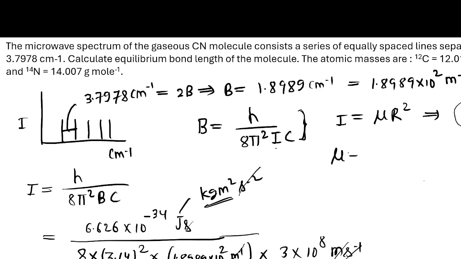So how can we calculate that? Mass of carbon times mass of nitrogen divided by mass of carbon plus mass of nitrogen.